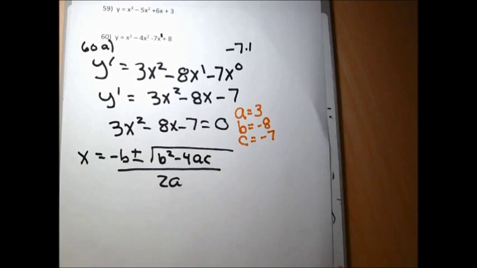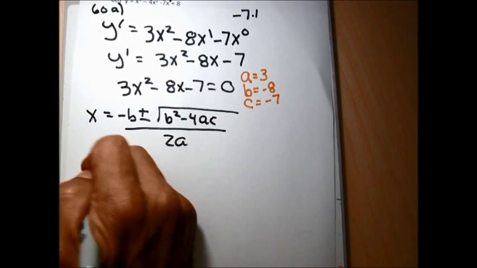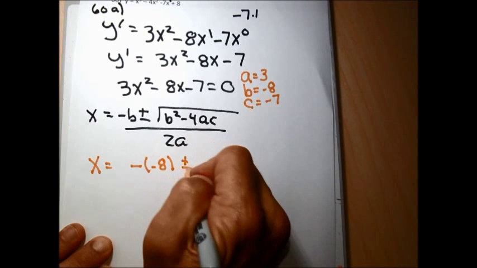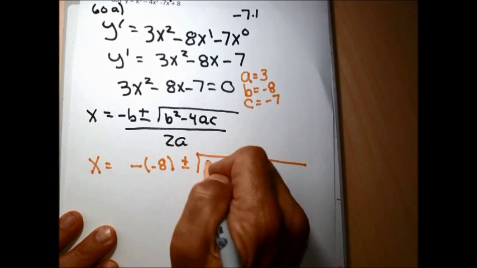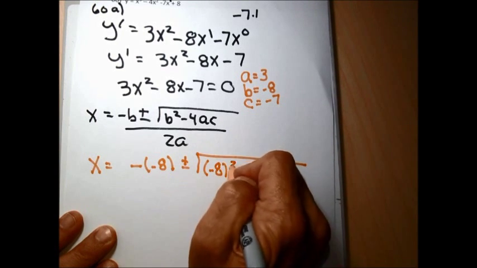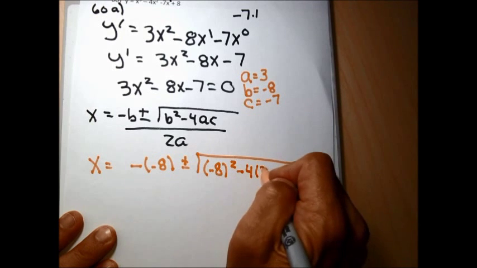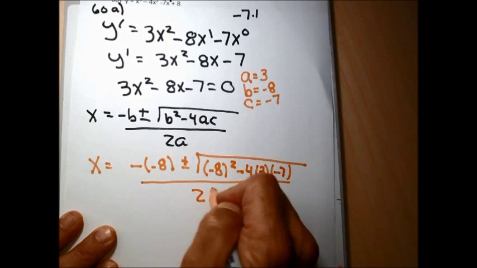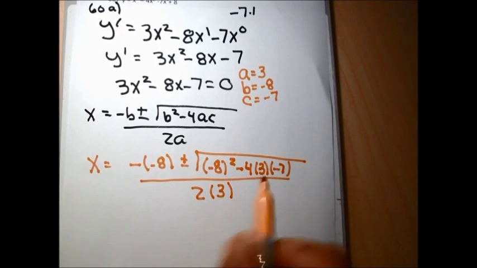I'll take those numbers and plug them in. I'm going to get x equals negative 8 plus or minus the square root of negative 8 squared minus 4 times 3 times negative 7 over 2 times 3.